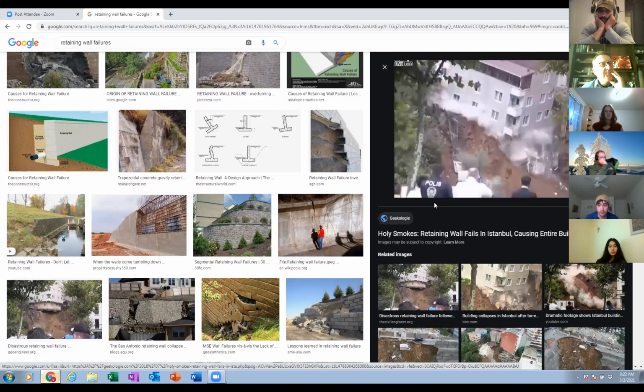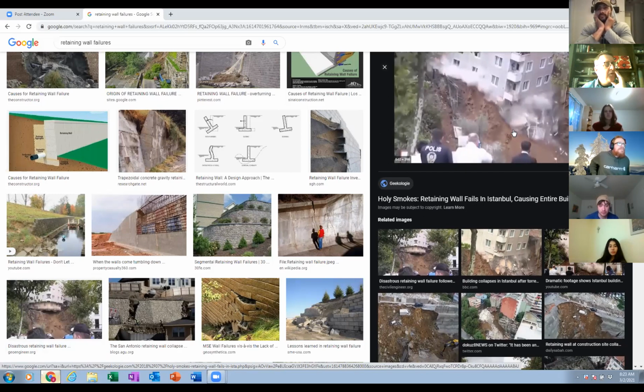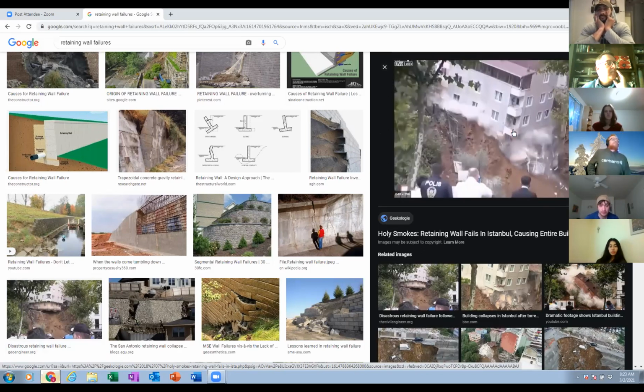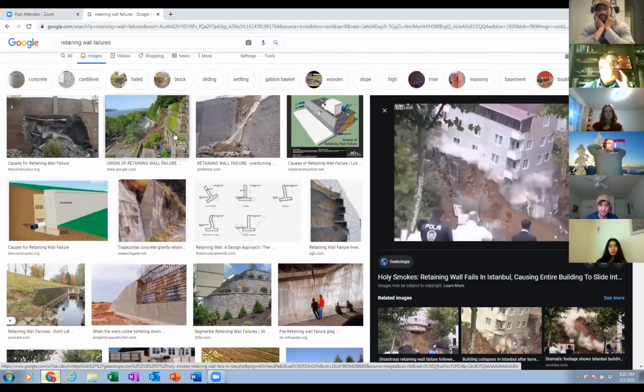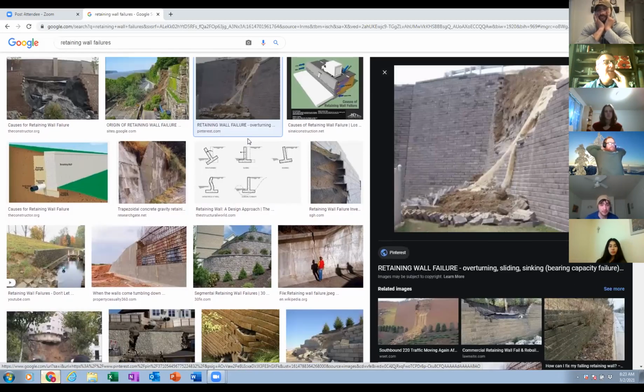Interestingly, I think that's the same house. So this dude is there filming it apparently when it actually fell. Sometimes it happens because of sinkholes and things of that nature. But this is a common problem that happens all the time.